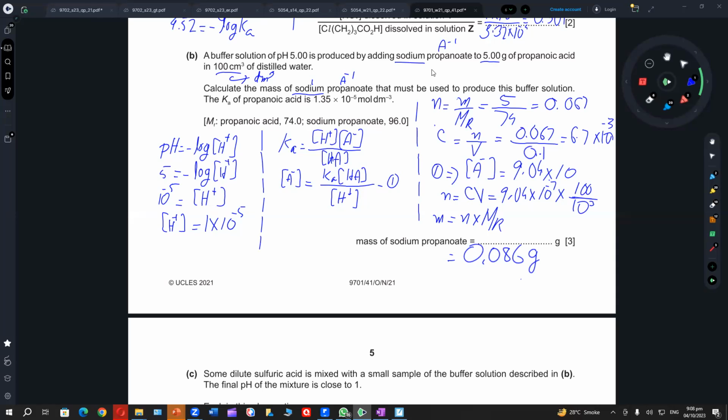Can you check this calculation again? A minus is coming out to be 0.603. Sorry, when I put 0.067 divided by 0.1, A minus is 0.603. No, but what about the C value? Yeah, 0.603.